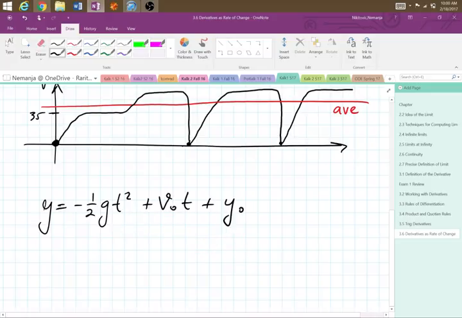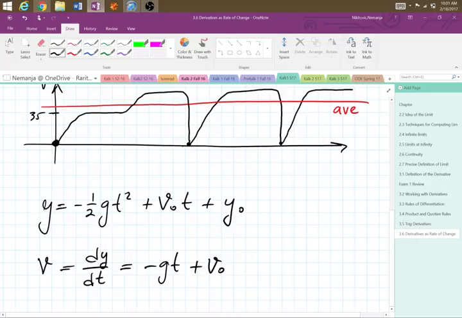Now, when you look at this equation, you can find velocity as the derivative with respect to time, because you know that change in distance over change in time is the velocity. And as soon as you do this, the t squared, the 2 goes down and kills the half. You have negative gt plus v0.